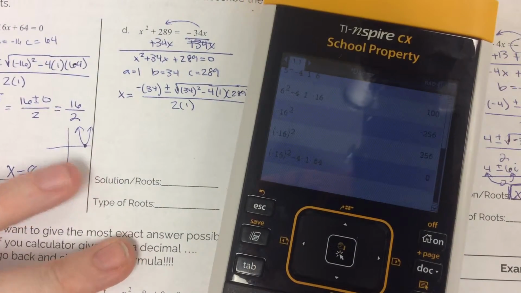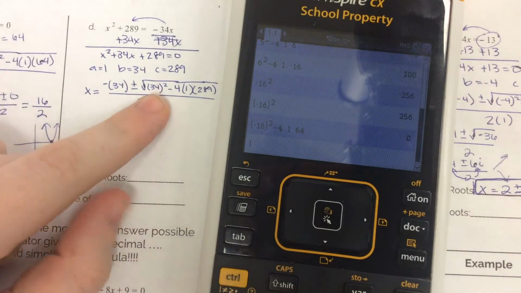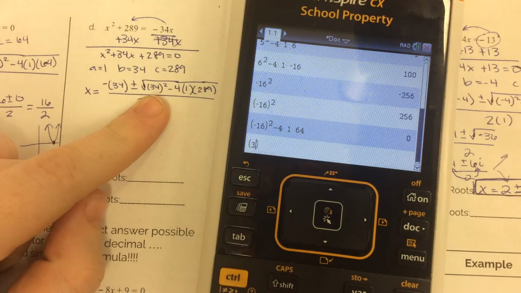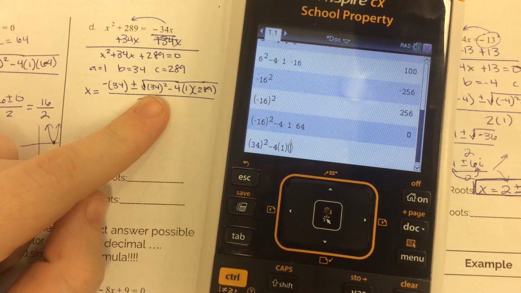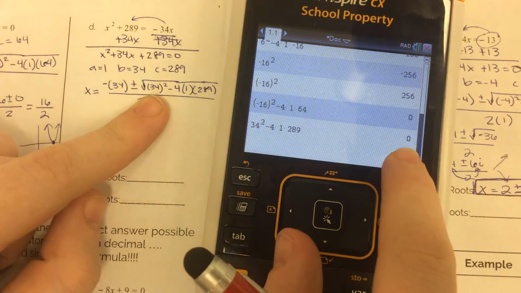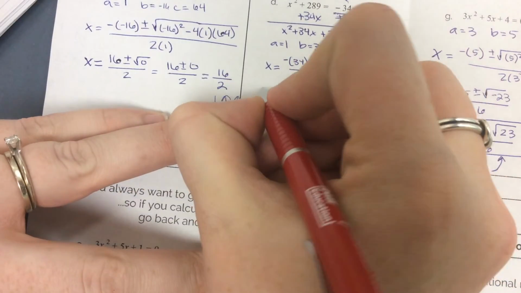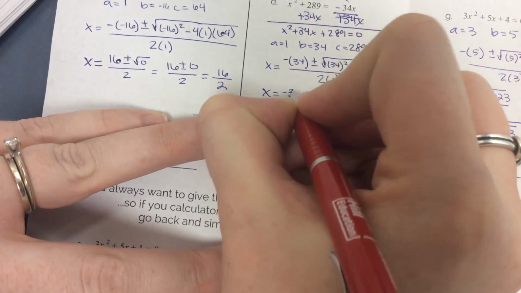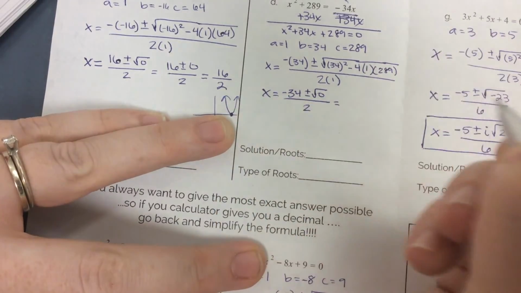Okay. You plug that into your calculator, what's underneath the square root. You get 34 squared minus 4 times 1 times 289. You get 0. Okay. So what we're going to do here is we got x equals a negative 34 plus or minus the square root of 0 divided by 2.